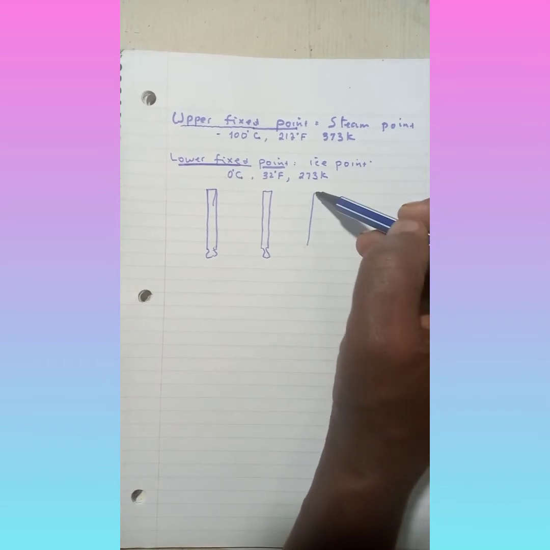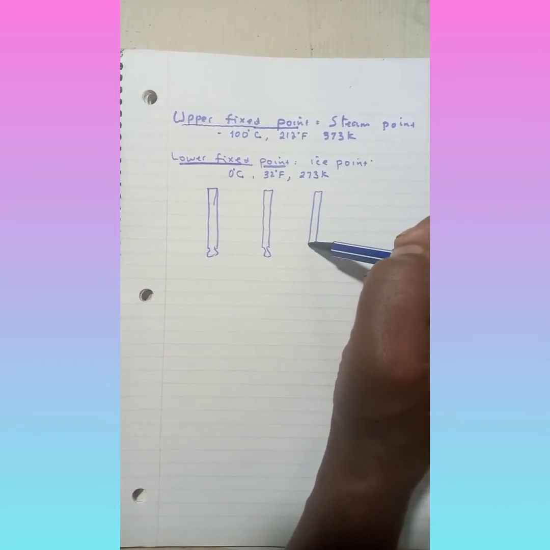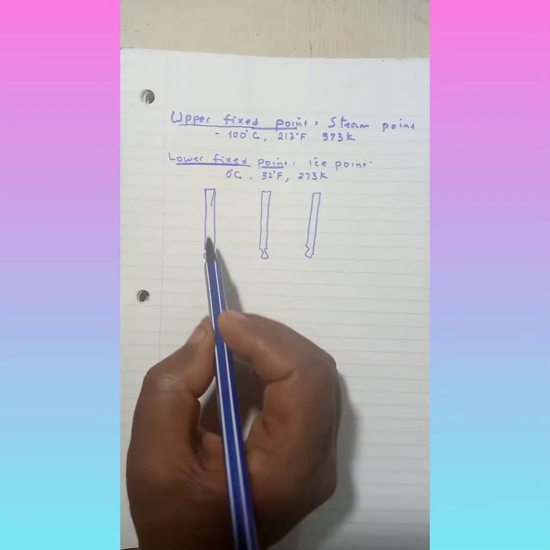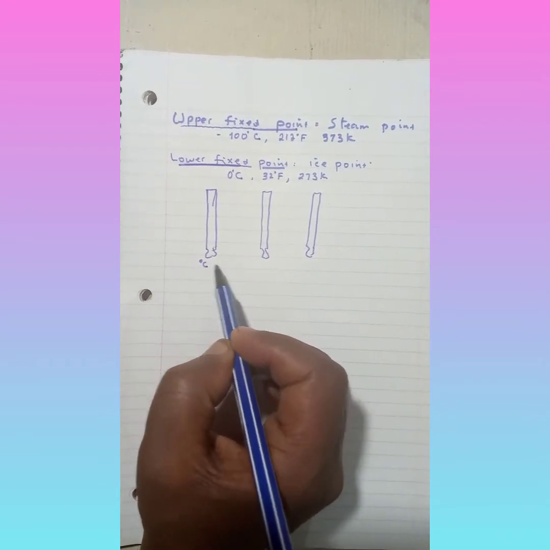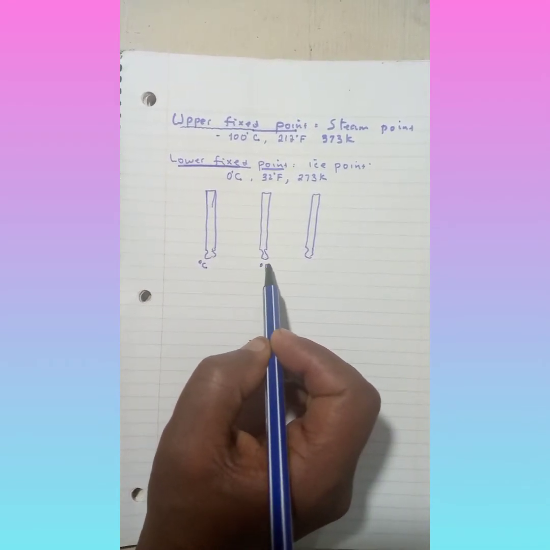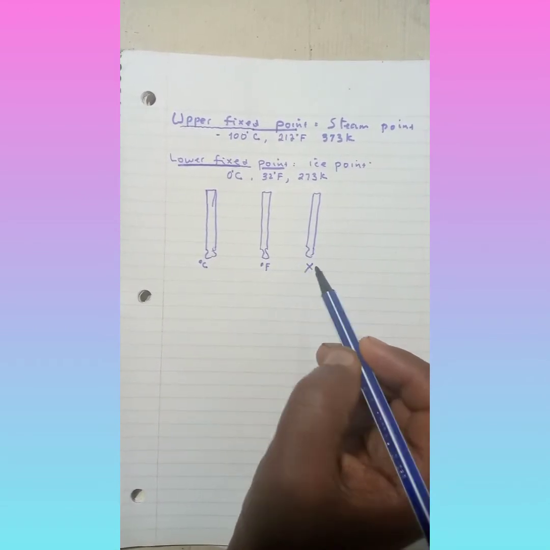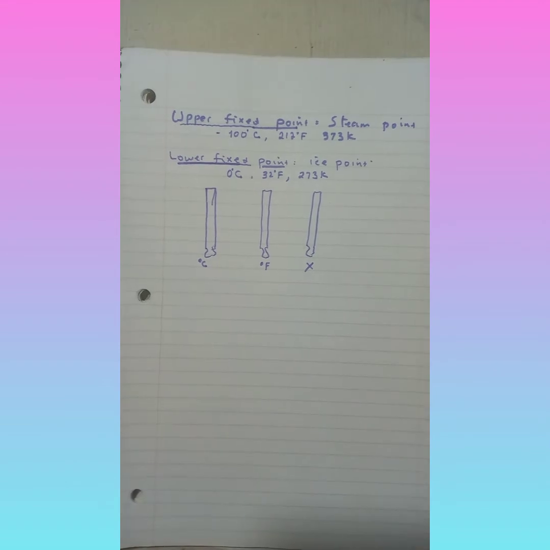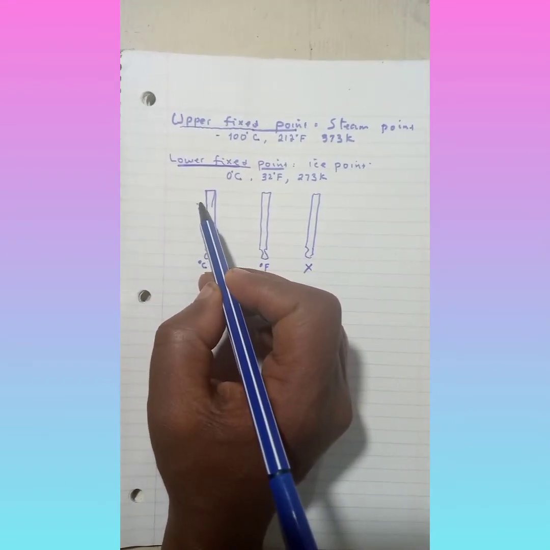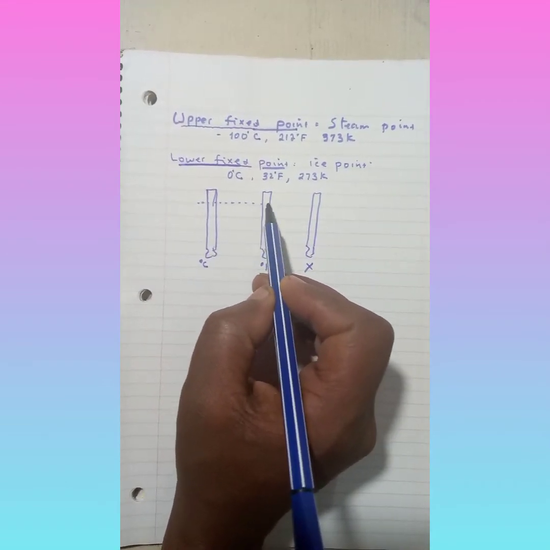Let's take three scales. The first one, a Celsius scale. The second one, a Fahrenheit scale. And the third one, let it be the X scale. We need to have two pointers.